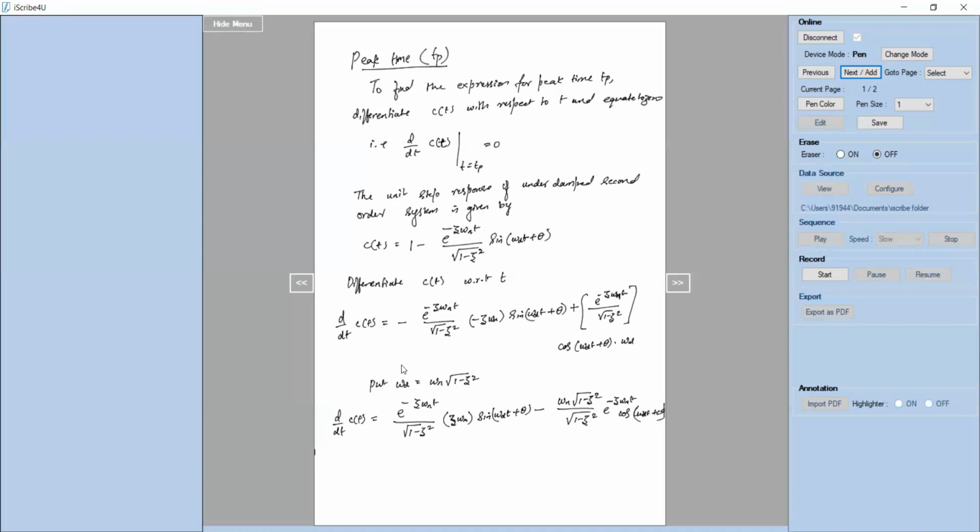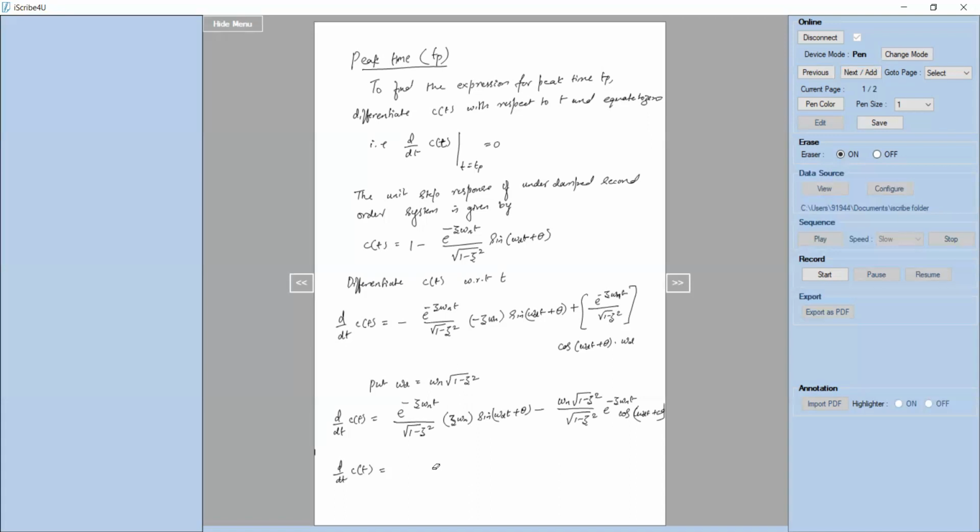Now I'll further simplify this by grouping the terms. So d by dt of C of t is equal to, I'll take omega n e power minus zeta omega n t as common, divided by square root of 1 minus zeta square.